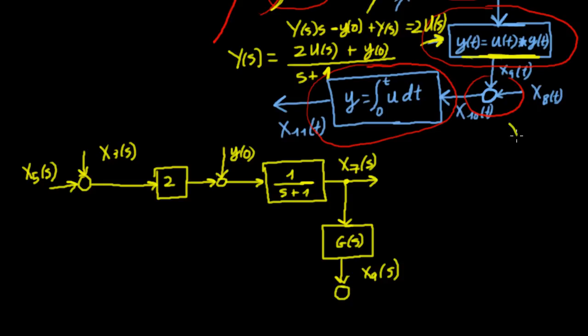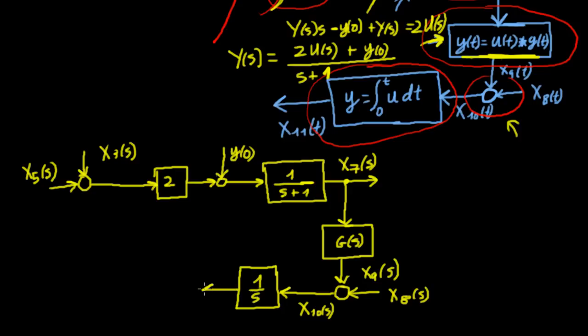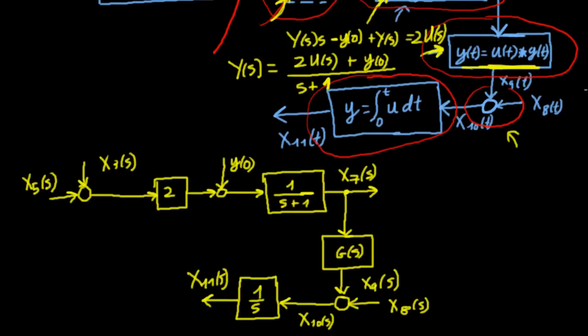Here again we have a summing point with x8 of s. The output is x10 of s, and the transform of an integral is just 1 over s. 1 over s. And here we have x11 of s. And now we have everything transformed to the s world.